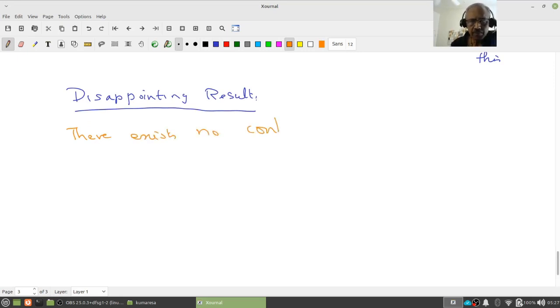There is no continuous function theta from C star to R such that for all z in C star, we have z equal to mod z e power i theta of z.